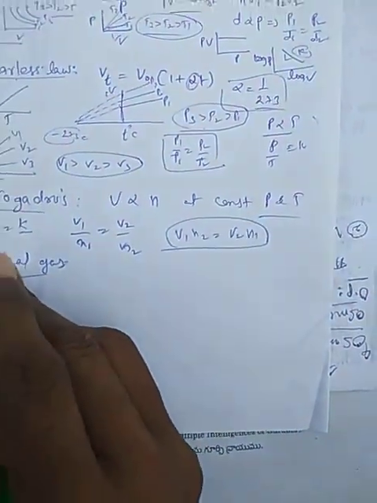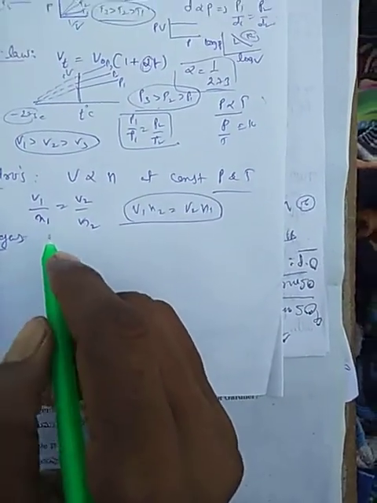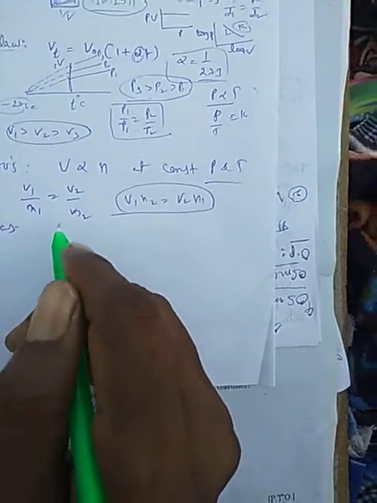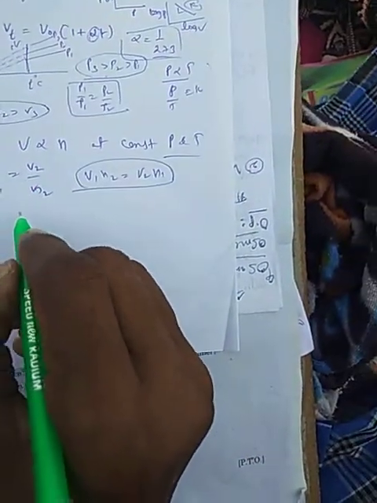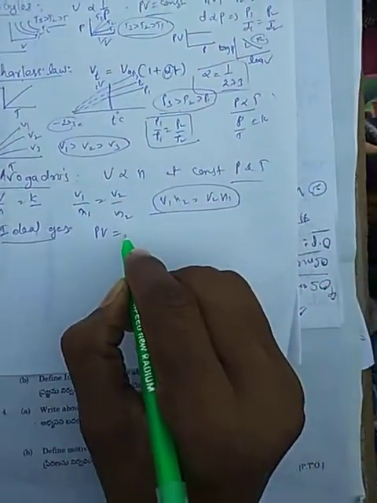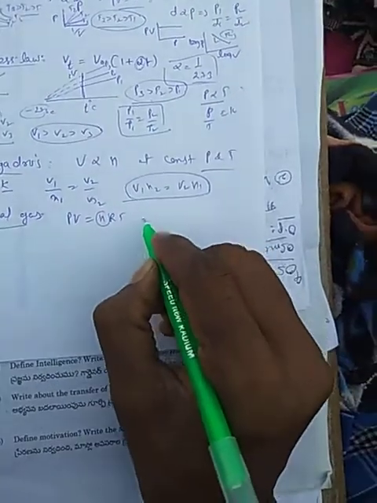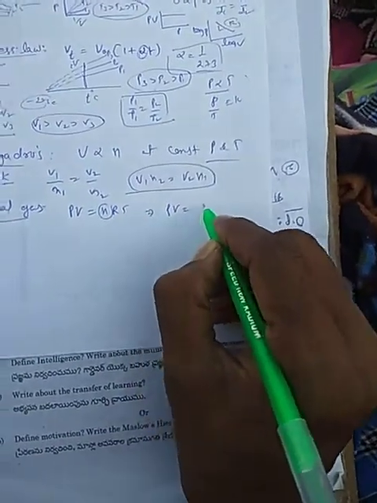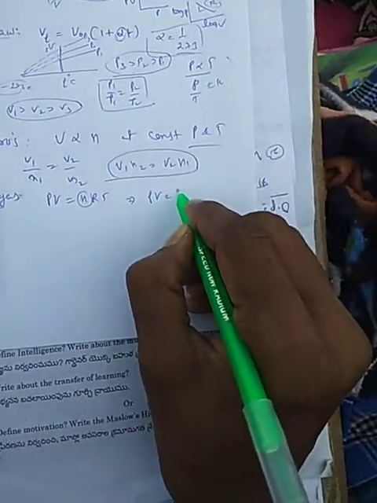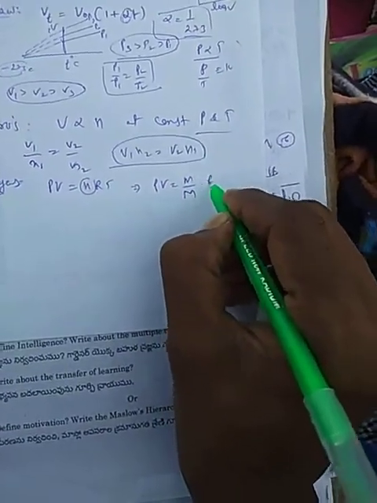From the laws of Boyle, Charles and Avogadro, we can write PV is equal to nRT, where n is equal to weight by molecular weight, so PV is equal to (w/M)RT.